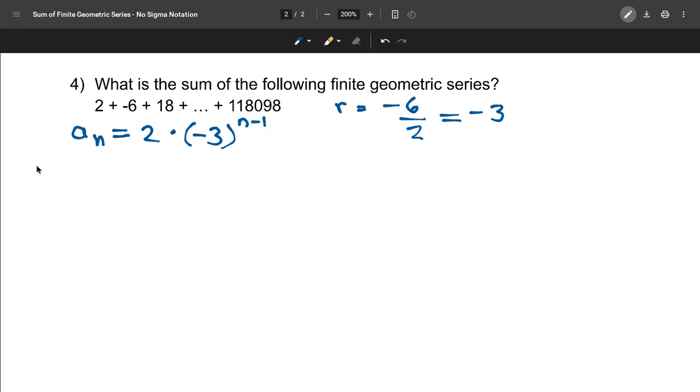All right, so we're going to say 118,098 equals -3 to the n minus 1 power. Now here's a trick coming up with Desmos. It's not going to be able to tell this easily like the other ones.